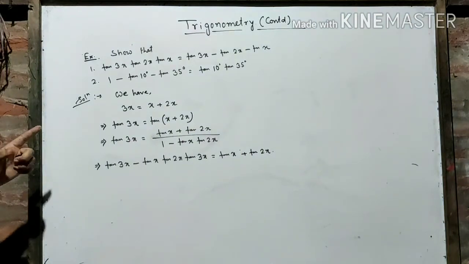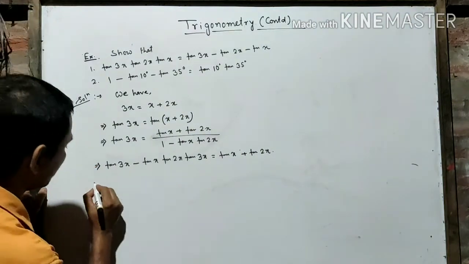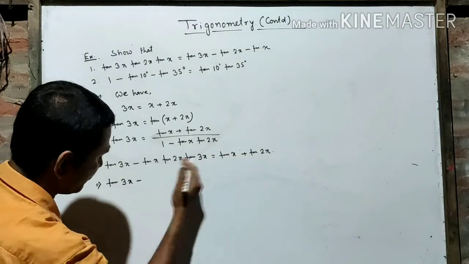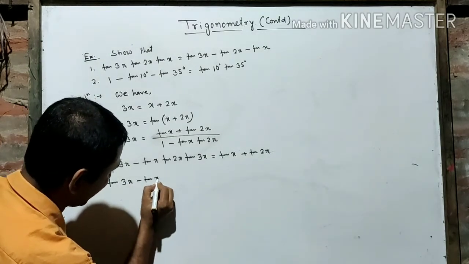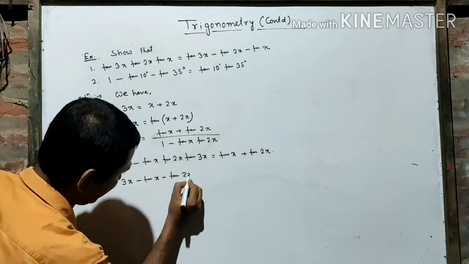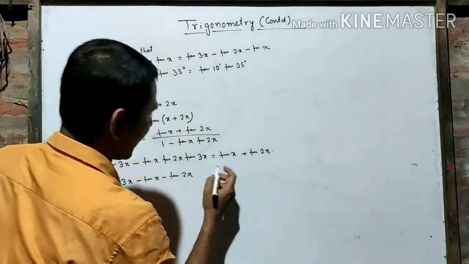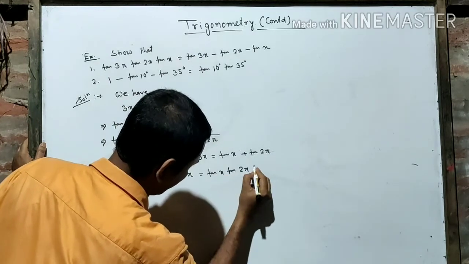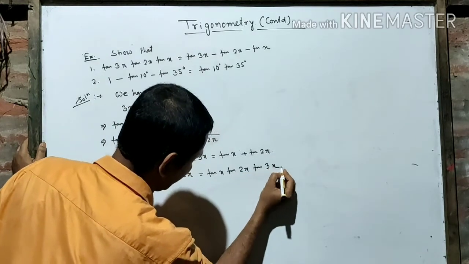Now we will arrange the thing. This implies tan thrice x, bring this to the left hand side, tan x minus tan twice x, and this part to the right hand side is equal to tan x into tan twice x into tan thrice x.